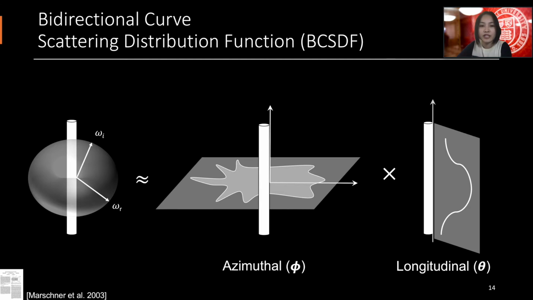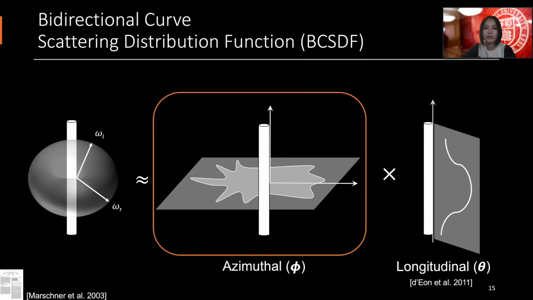Following the original Marschner model, most fiber scattering models assume the separation of azimuthal and longitudinal dimensions, and apply a longitudinal blurring function to account for the irregularity along the cylinder axis. We adopt this assumption and replace the azimuthal scattering function with a wave optics one. For the longitudinal component, we apply the energy conserving function from Eugene d'Eon's work.